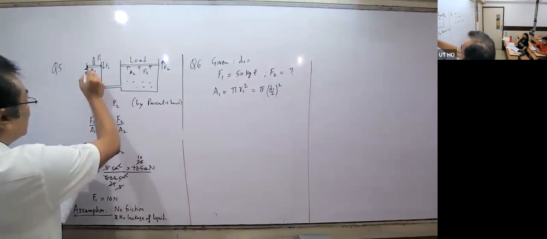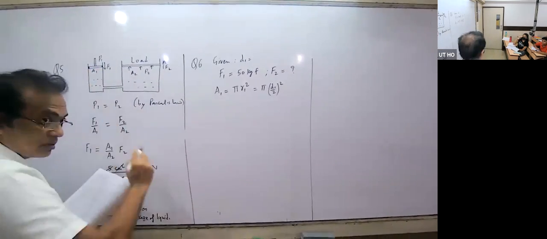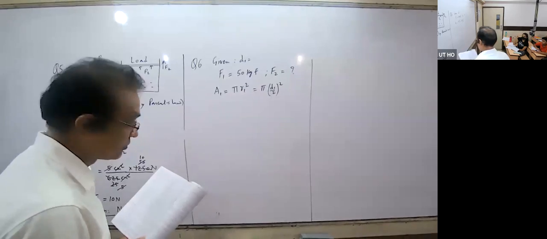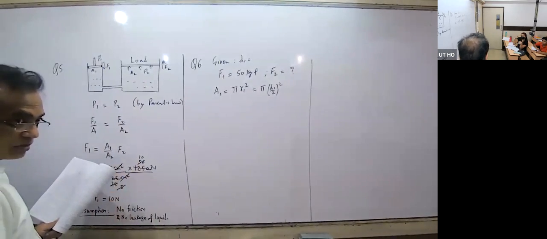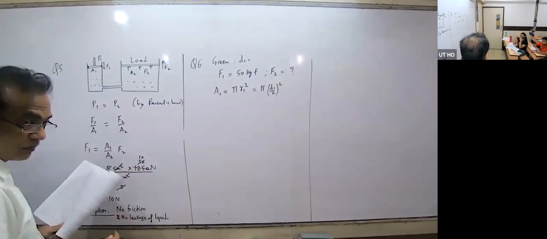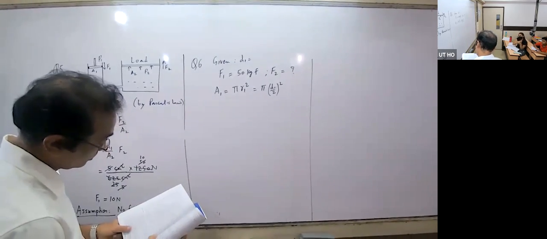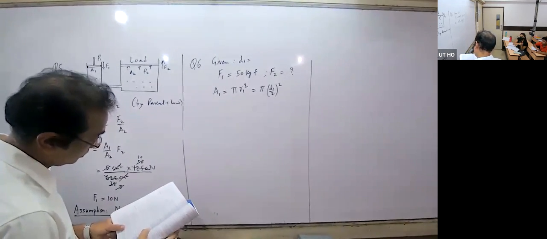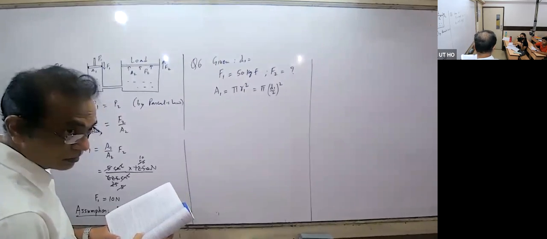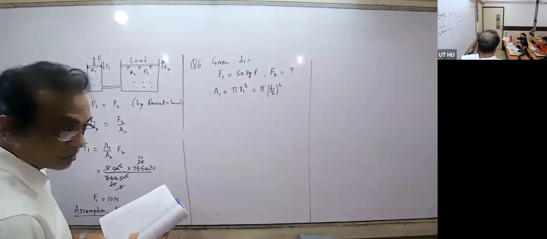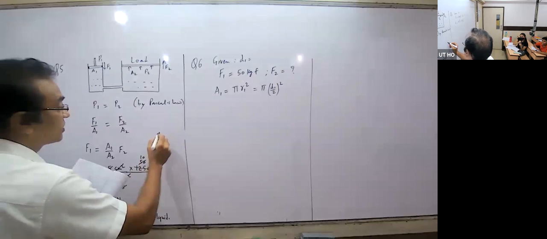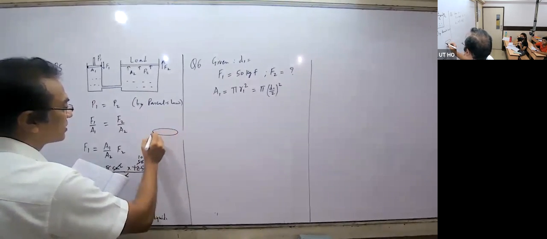Obviously, it is a cylinder, and cylinders are circular. For the piston, we have to take the area of the cylinder. So what is the area? The cross section of the cylinder. See, the cylinder is like this.